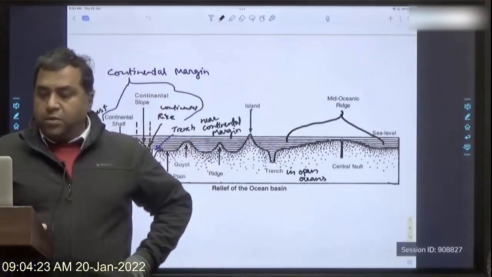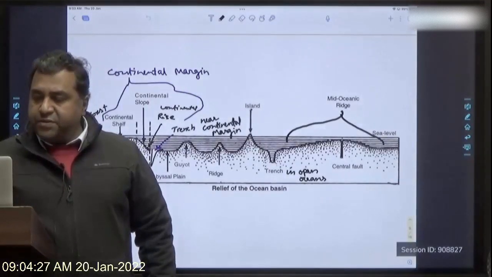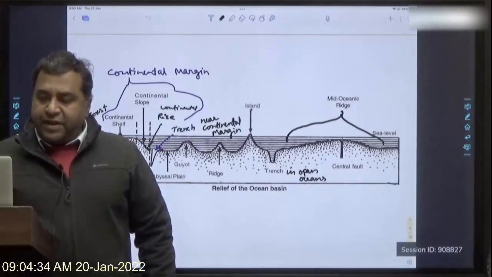So a lot of features were there on the ocean floor, and these features told about the various formations that we had on the ocean floor.